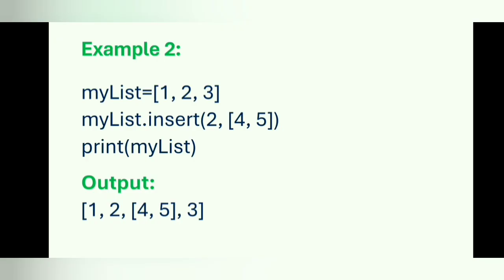The print statement print(mylist) will display the modified list. The insert method in Python can insert a value at any index in the list. The insert method does not create a new list, it modifies the original list. Similarly, we can insert a tuple, dictionary or set into a list at the specified position.